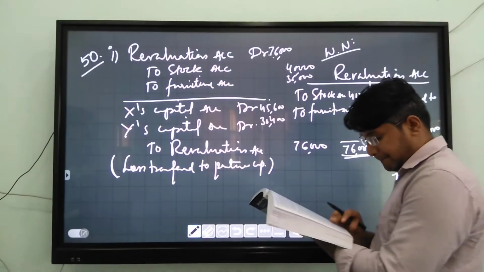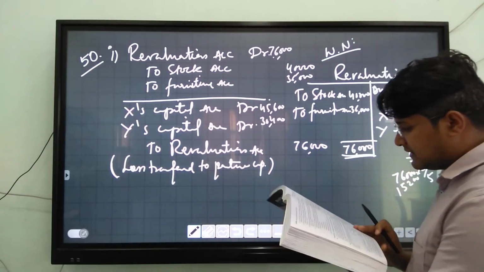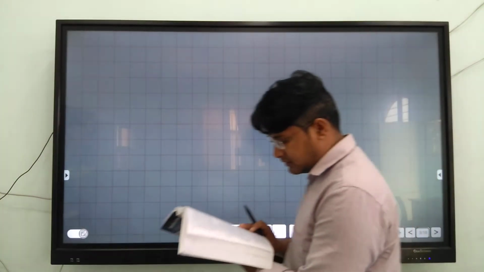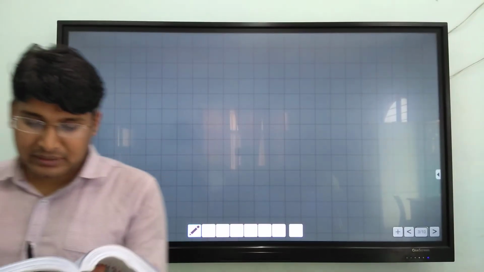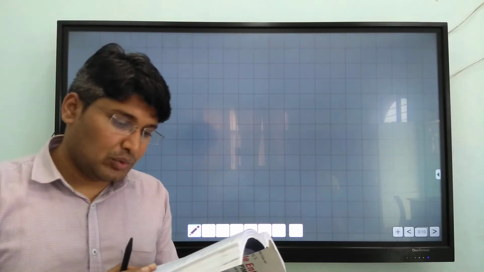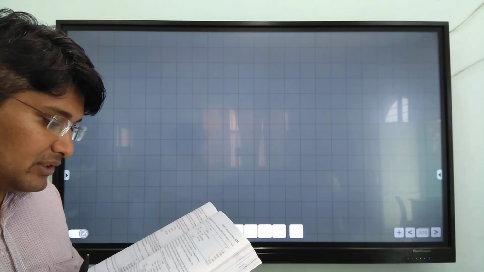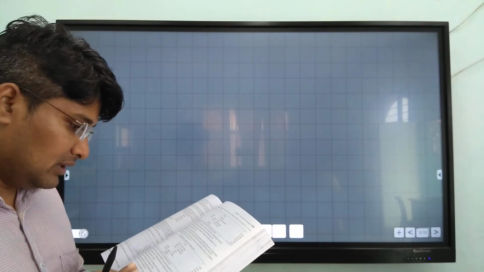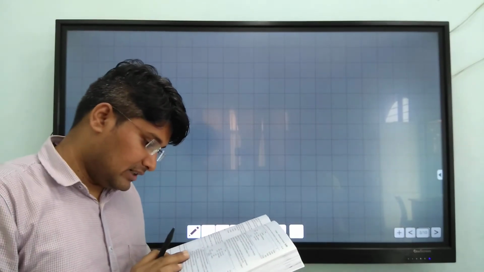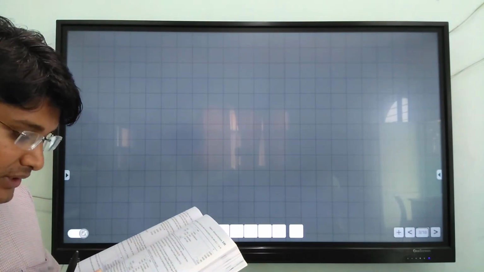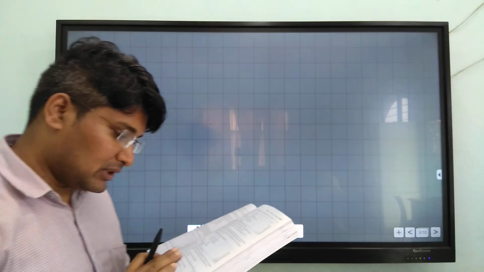Then next question is question number 60. The question is: given below is the balance sheet of A and B who are carrying on partnership business on 31st March 2020. A and B share profits and losses in the ratio of 2:1. Balance sheet is given, and there are some adjustments. C is admitted as a new partner on 1st April 2020 on the following terms.